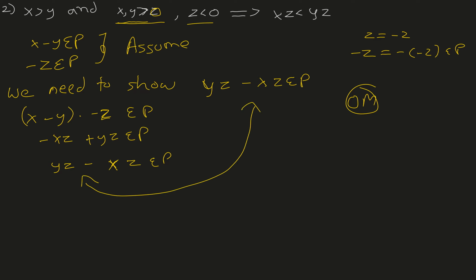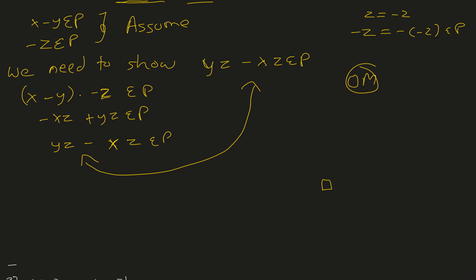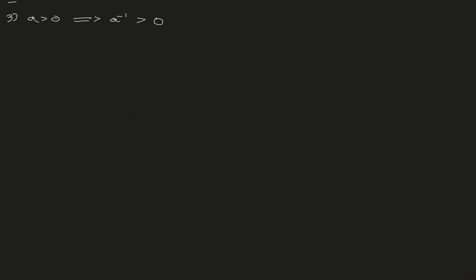So we're done with the proof. Let's take a look at another one, a bit more complicated. So we're told if a is greater than 0, then a inverse should also be greater than 0. For example, 2 is greater than 0, then 2 inverse, which is equal to half, is also greater than 0.